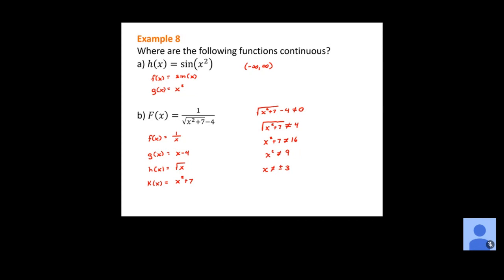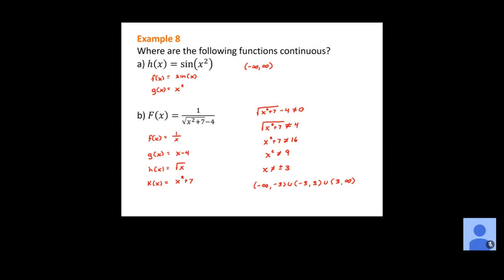So we definitely cannot include those values, okay, but it should be continuous everywhere else. So from negative infinity all the way to negative 3, from negative 3 to positive 3, and from positive 3 all the way to infinity.